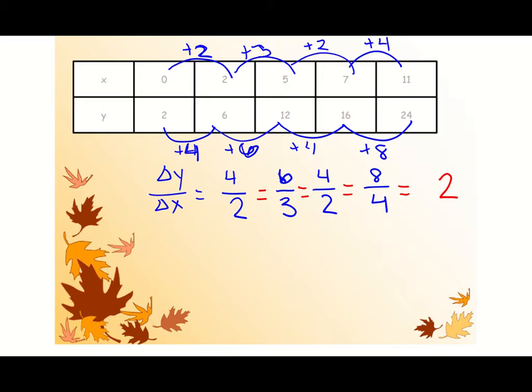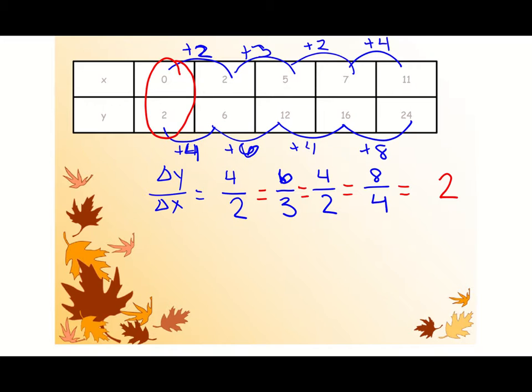And that's why it's a linear relationship, because it's increasing by the same amount each time. Basically, for every 2 that the y goes up, the x goes up by 1. So that's why the points would fall in a line. So I have my slope. Then I'm going to go back to my table and see, do I have my y-intercept? And sure enough, right here, x is 0.